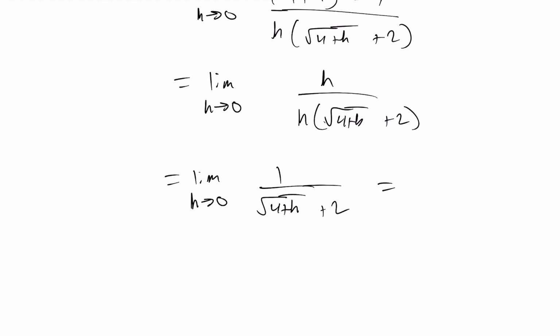That's equal to 1 over 2 plus 2 when we apply 0 for h, which is equal to 1 over 4. So the derivative of the square root of x when x is equal to 4 is 1 over 4. And that's how we show it using this equation.